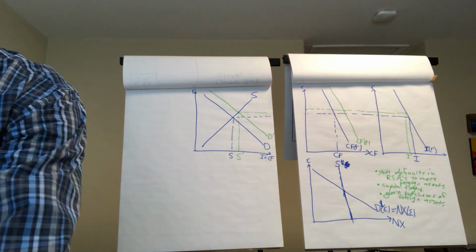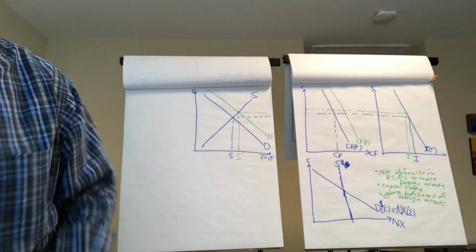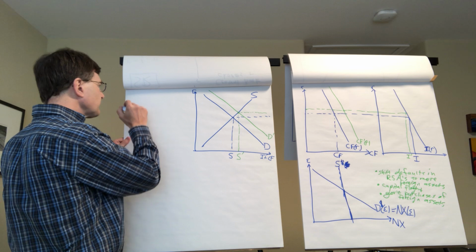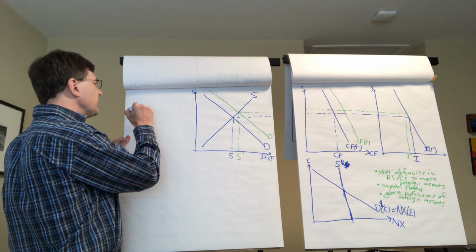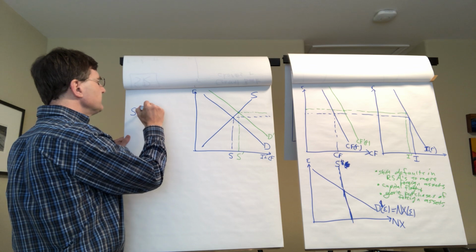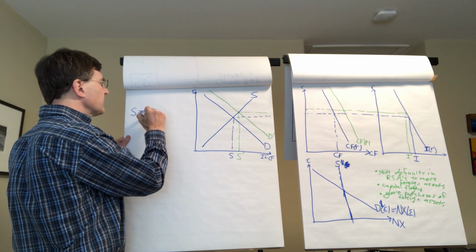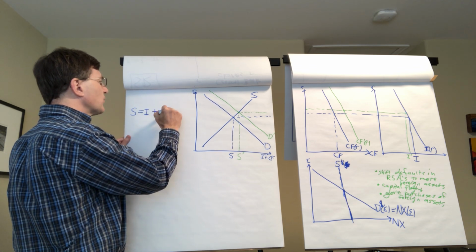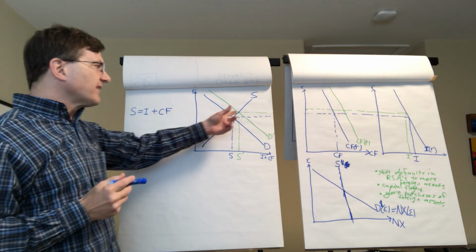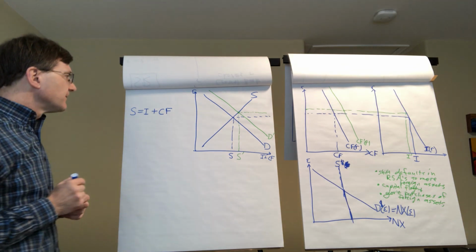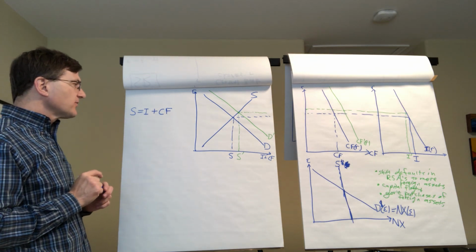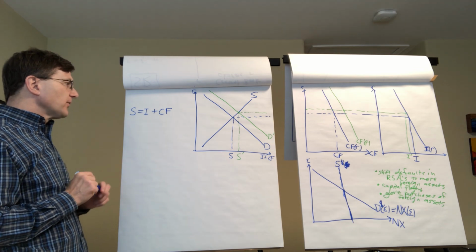Let's take a look. So we have this identity that the quantity of saving is equal to the quantity of investment plus the quantity of capital flow. And of course that's actually clear from this curve. But now we know some things. We know what happens, and I could use up arrows and down arrows.